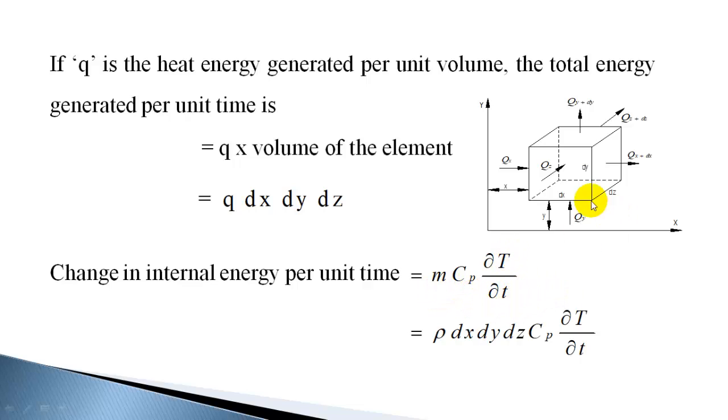Here m is the mass of the element, which you can calculate as volume into density. So it is rho, the density, times the volume of the element dx dy dz, into Cp into del T by del t. So rho dx dy dz Cp del T by del t.